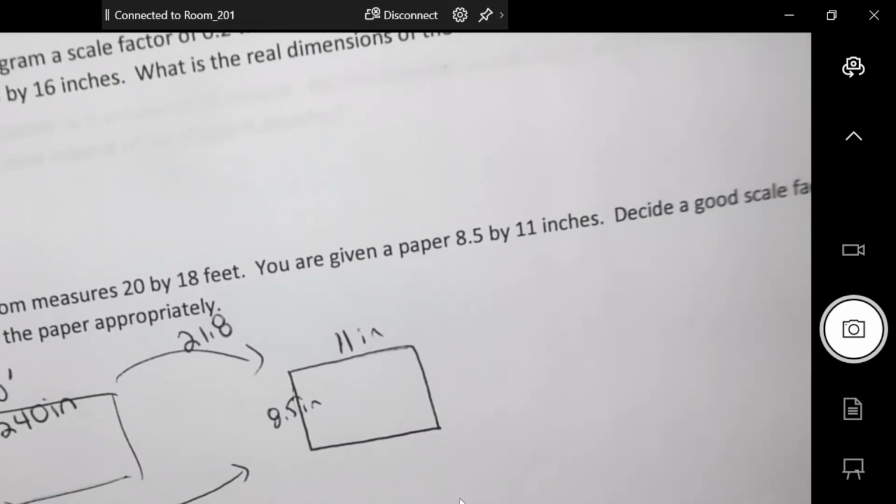So on the one, I'd have to shrink it almost 22 times smaller, and the other one, I'd be like 25.4 times smaller.